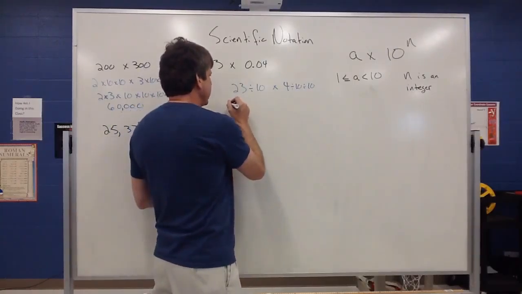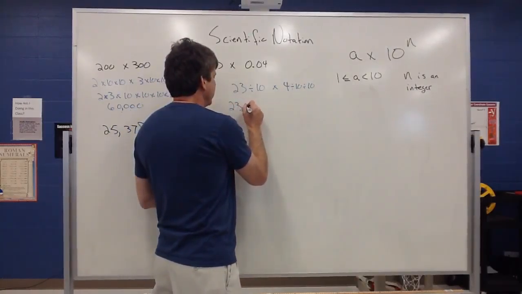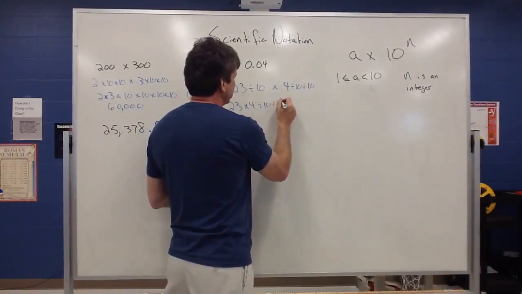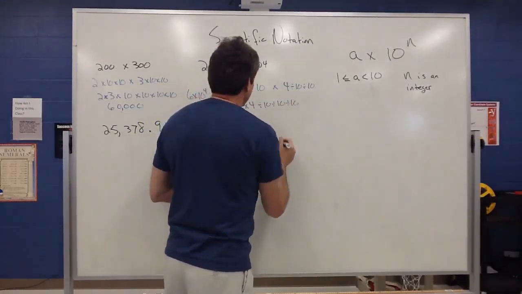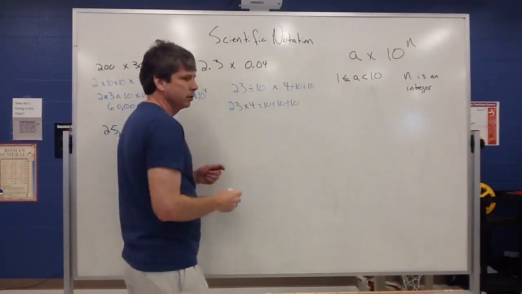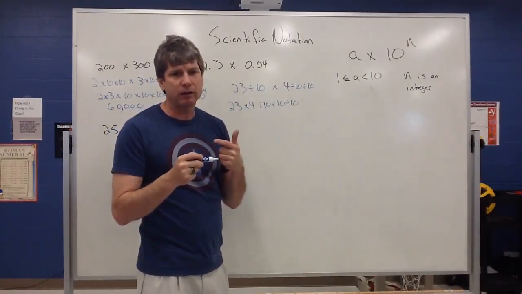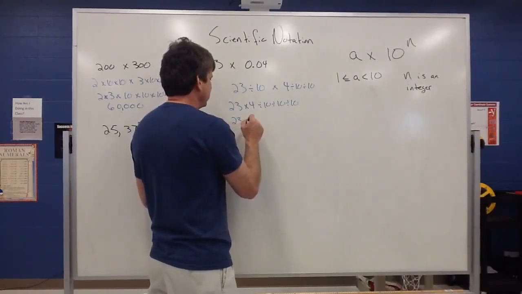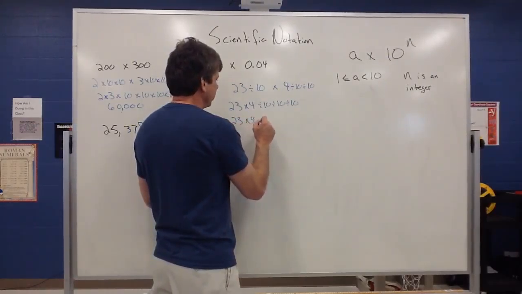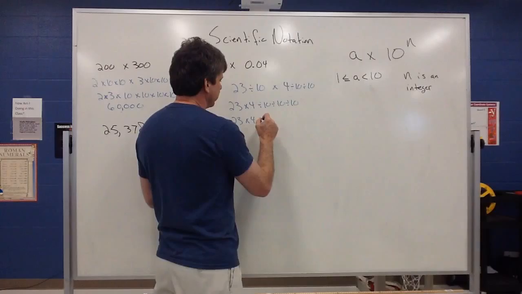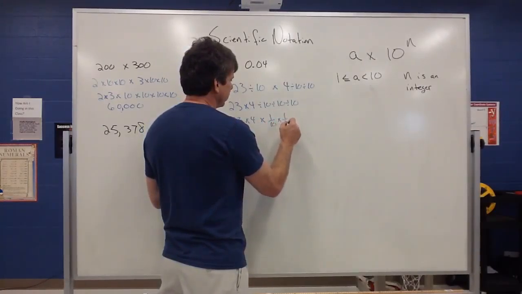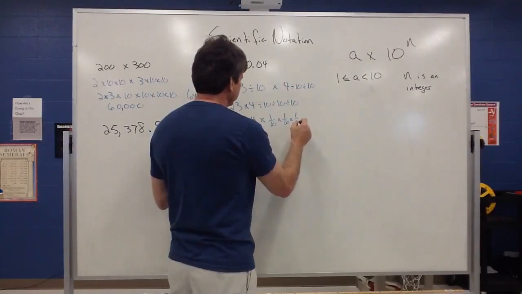So what I can do is change this to 23 times 4, divide by 10, divide by 10, divide by 10. We're also picking up on dividing by 10 really means multiplying by 1/10. So this also means 23 times 4, and then I could say times 1/10 times 1/10 times 1/10.